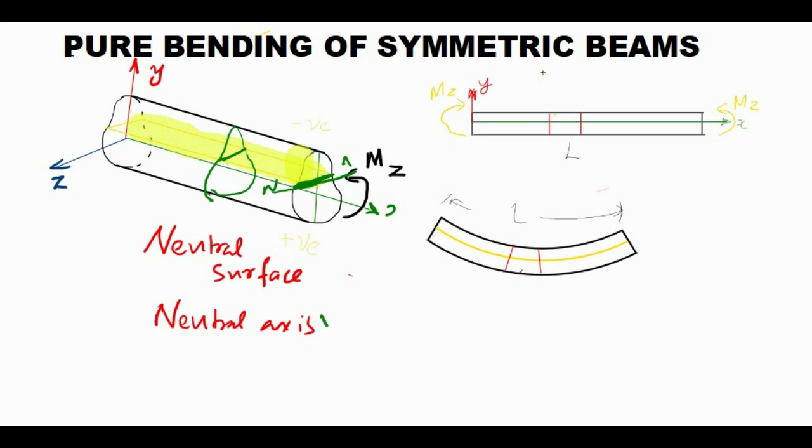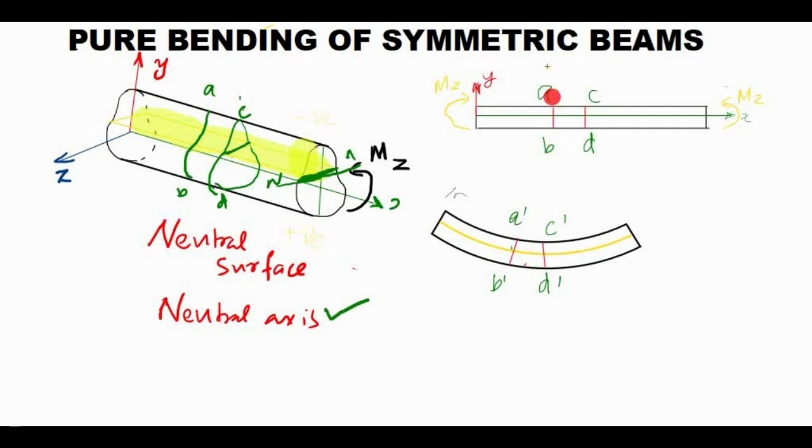Neutral axis. Now if we consider a small element, say A, B, C, D here, that will deform like A dash, B dash, C dash, D dash here.